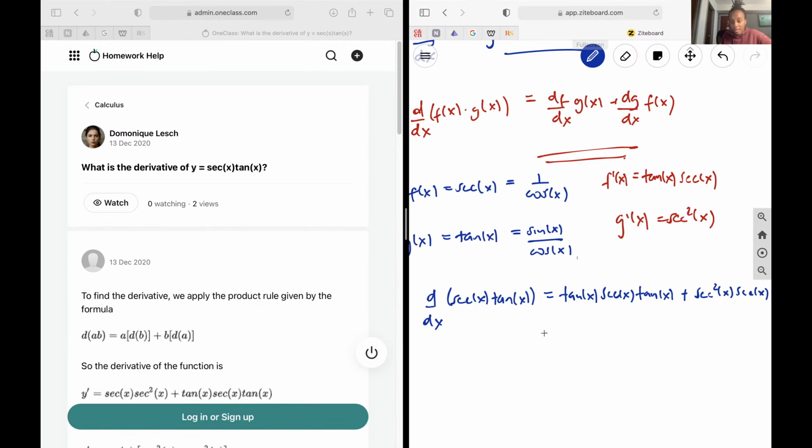Okay, and then multiply out. So I get tan squared x secant x plus secant cubed x. And that's going to be my final answer.